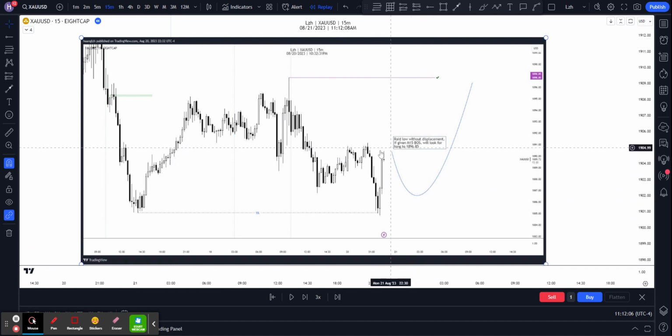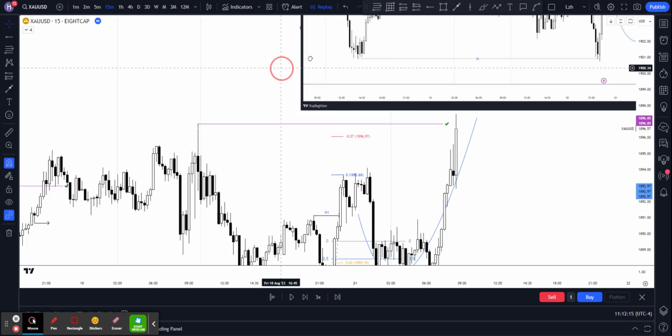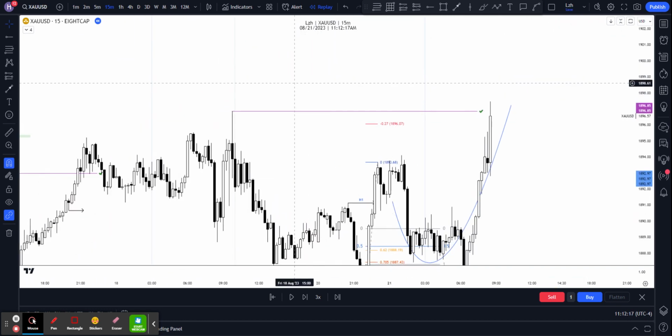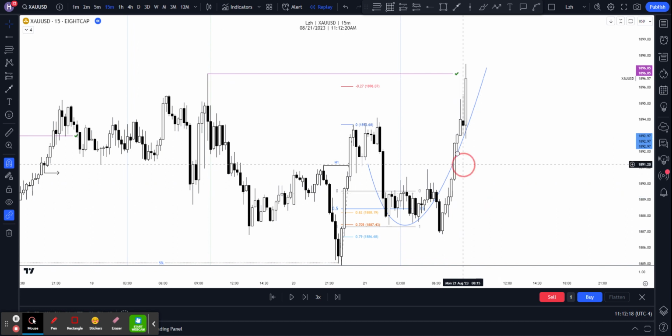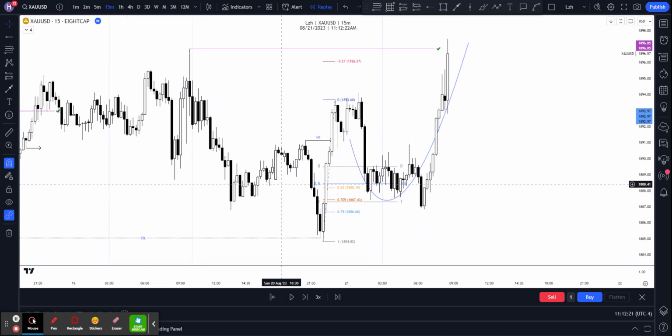Then we can look for new demand created in this zone, and we look for long. So fast forward to here. As you can see from the chart right now, the TP has been met. So I just want to go to replay mode.